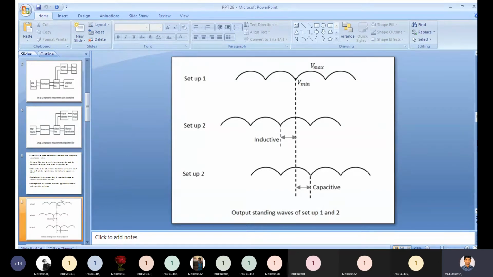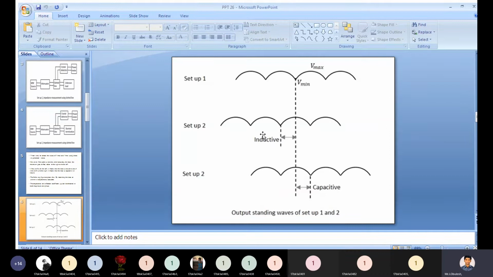In step 2, just remember: if we short circuit the load, the minimum gets shifted either to the left or right. If the shift is to the left, the load is inductive.